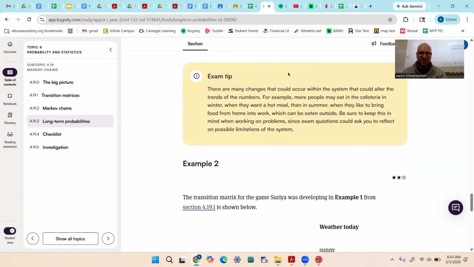So there are many changes that could occur within a system that could alter the trends of numbers. For example, more people may eat at the cafeteria in winter when they want a hot meal than in the summer when they want to maybe eat outside. Be sure to keep this in mind when working on problems, since exam questions could ask you to reflect on the limitations of the system.